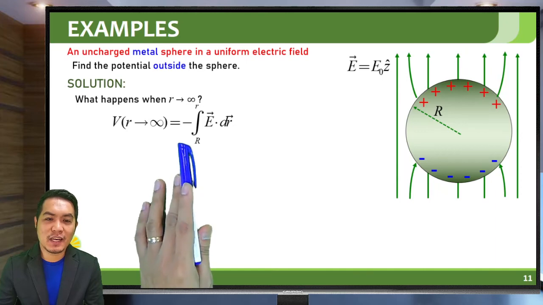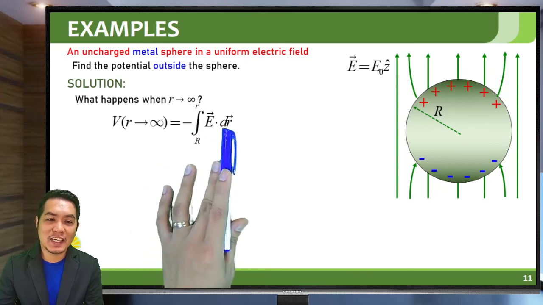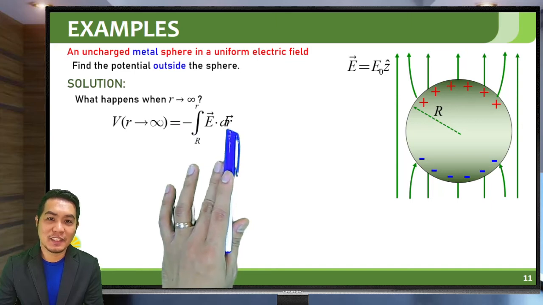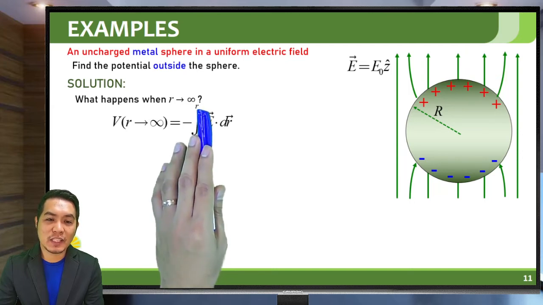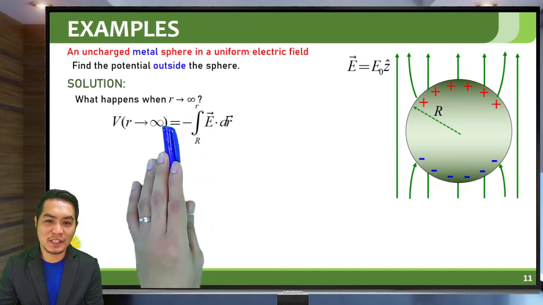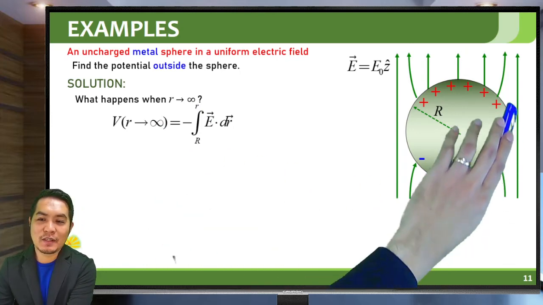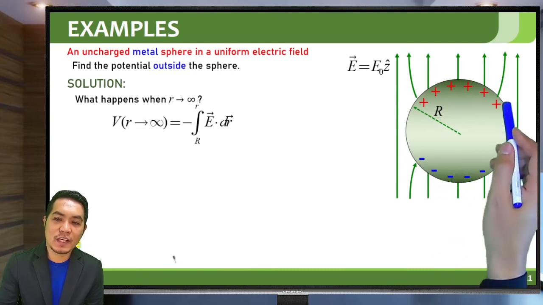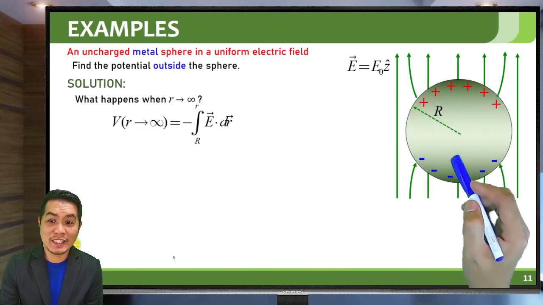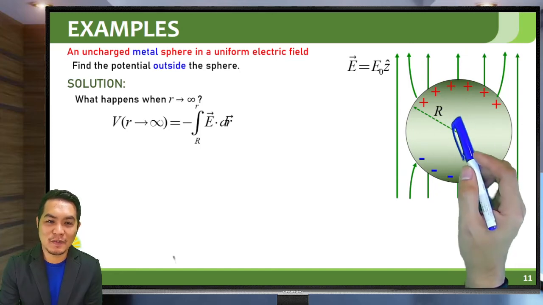So we use the formula negative integral of E dot dl, where our dl here is just dr, the r coordinate. Our reference point is the surface of the sphere, and we are trying to find the potential at r where r approaches infinity. At the surface of the sphere, the electric field there is 0 because technically that's still part of the inside of the sphere.